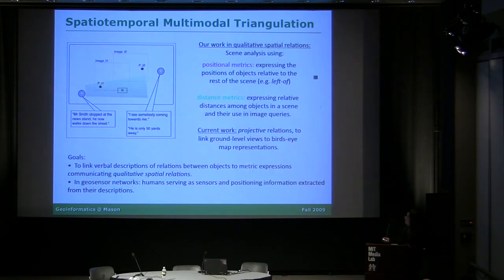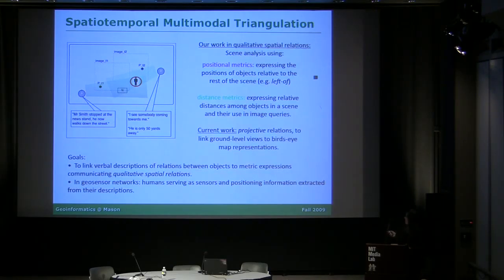For instance, in this particular example, this person has seen a person stopped at the newsstand and then walking down the street. So what does that mean? It means that this person could be in this area. Now, another person, from a different point of view, is looking at the same person coming towards them. So it means that the person could be in this area. Now, the intersection of the two means that this person could be somewhere here. This is a very simplistic example, but this is ongoing work, and it's really very interesting.